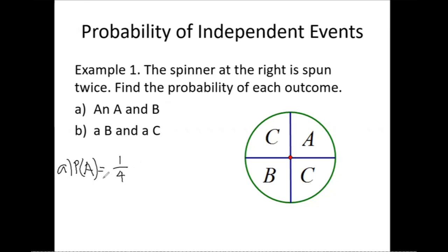Then for event B, probability of event B is also 1 out of 4.